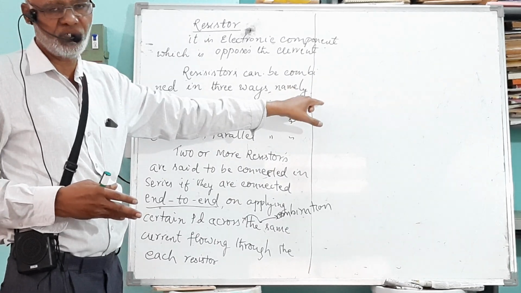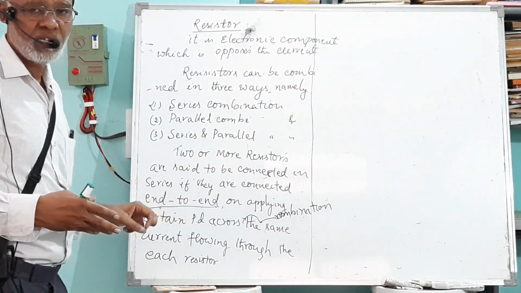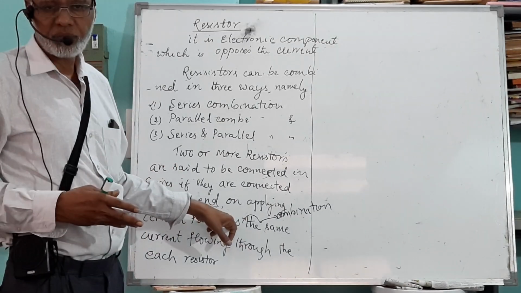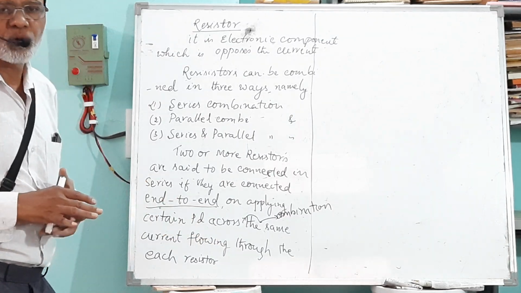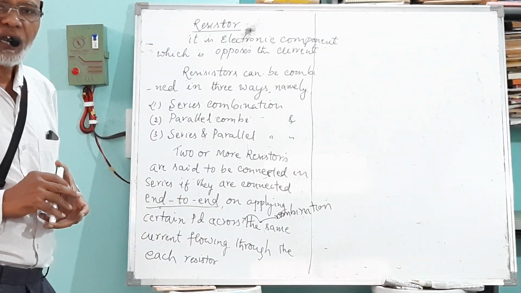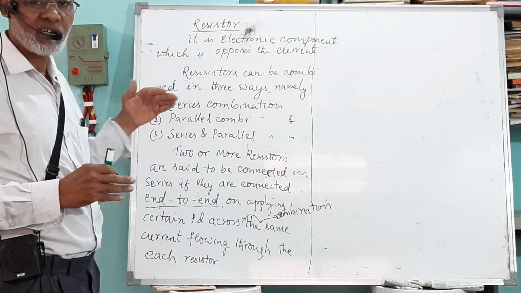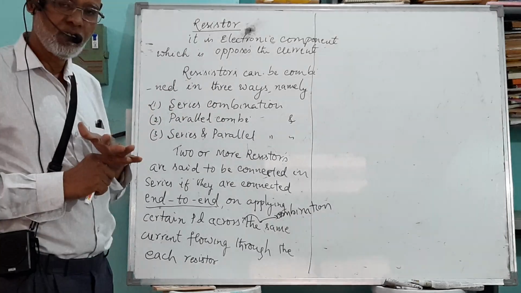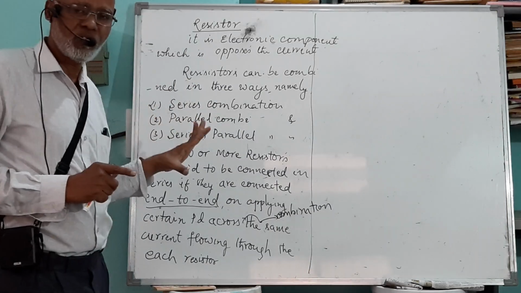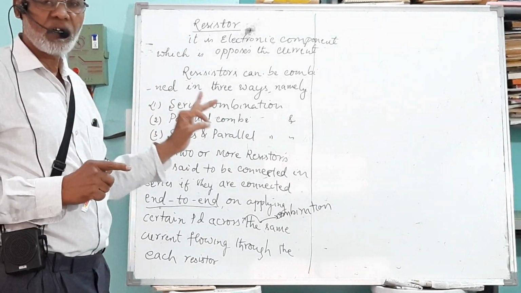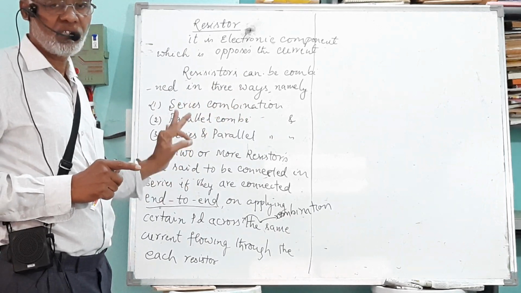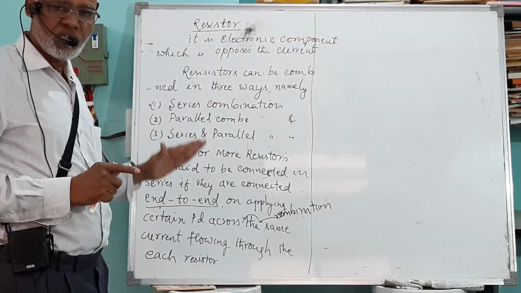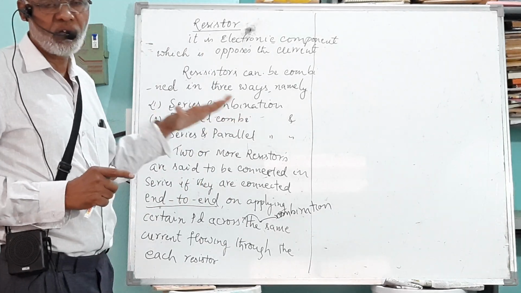Across the combination you apply a certain PD, that is, a source of electromotive force. As a result, electric current flows through the resistors. The special feature of the series combination is that the same current flows through each resistor.